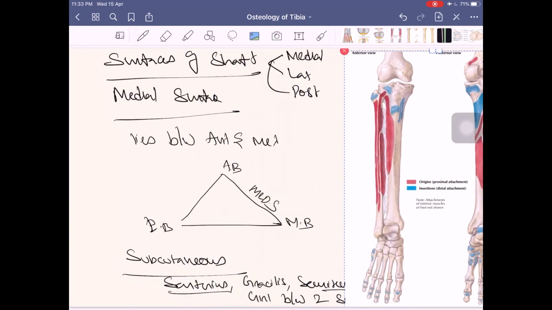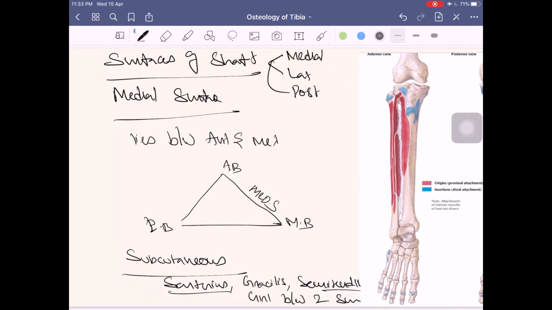Now I'll show you the image here. So here you can see, inverted hockey, this first one is your sartorius, and then the upper one is gracilis, the lower one is your semitendinosus, and all these are separated from each other.